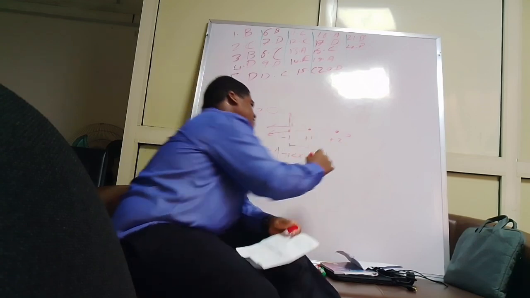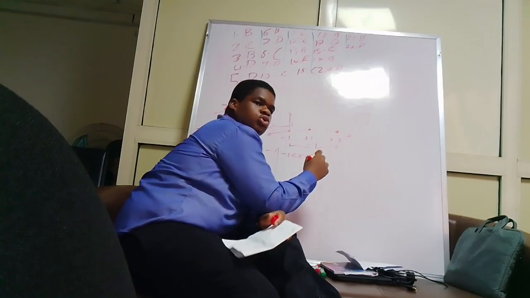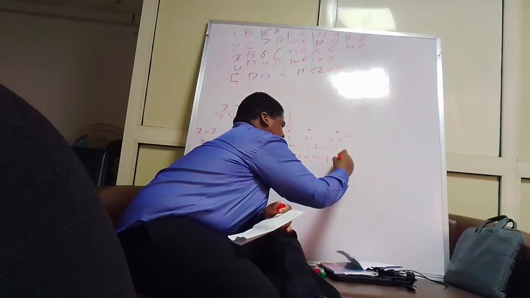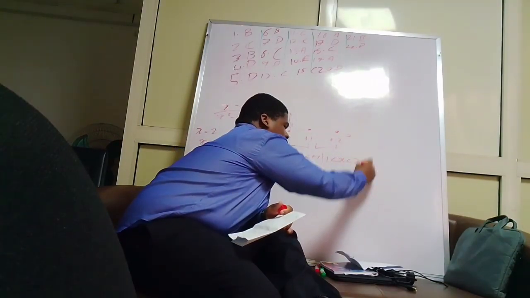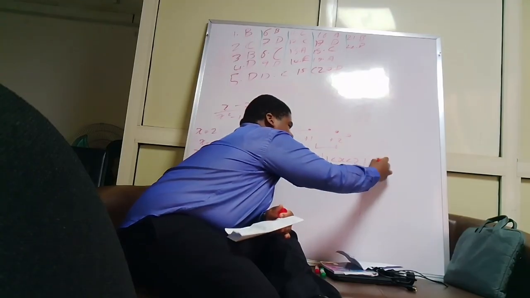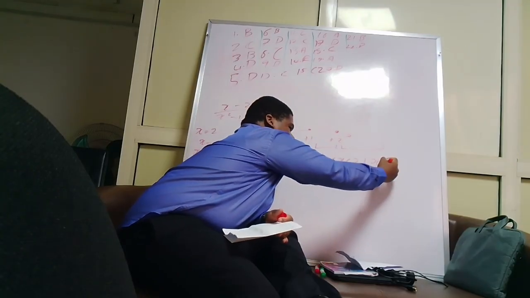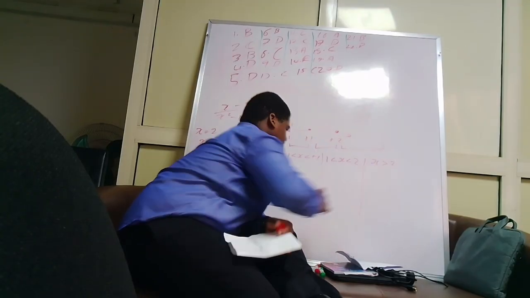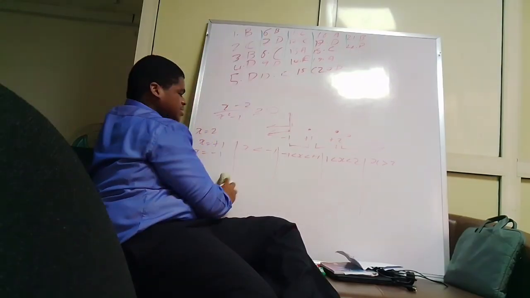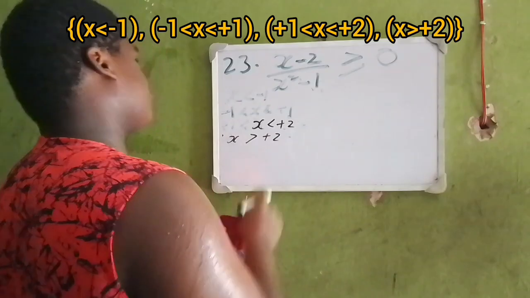Then between plus 1 and plus 2, that is 1 is less than x less than 2. Then finally x greater than 2. So these are your critical points.